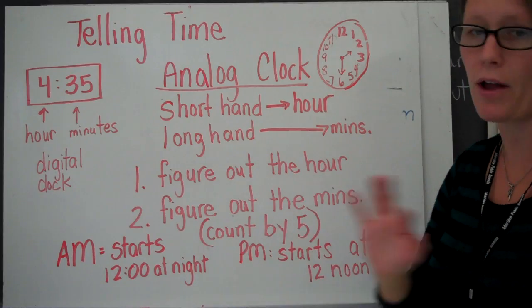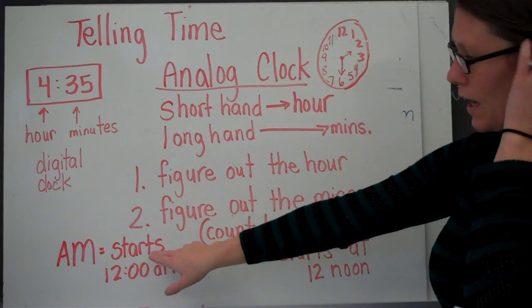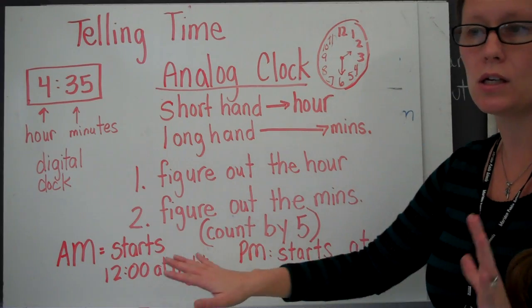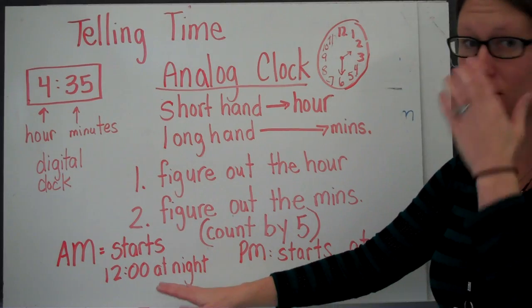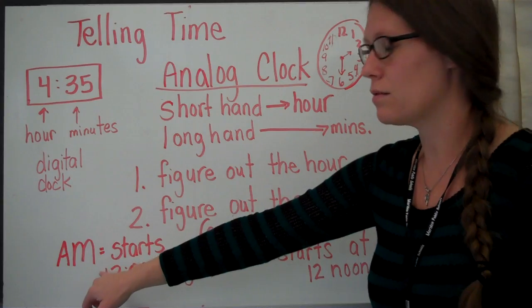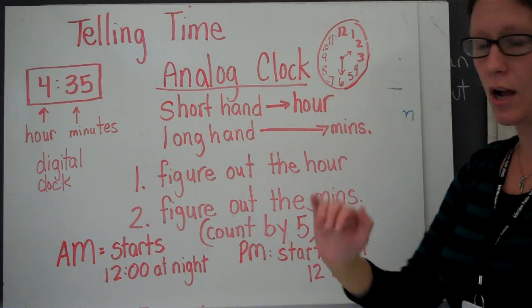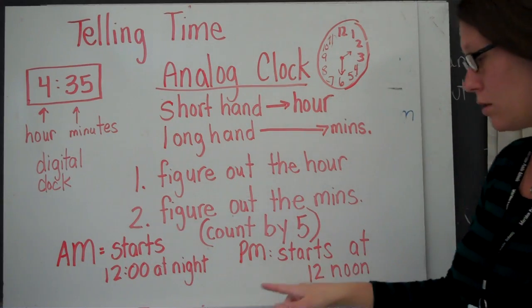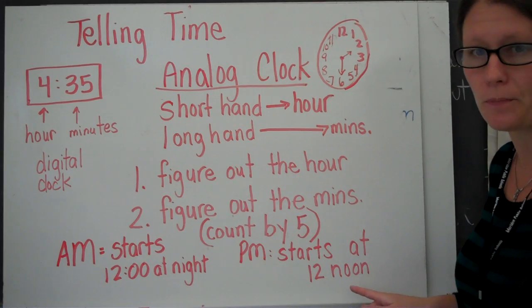Before we do that, let's talk about AM and PM. AM starts at 12 at night, so you're usually sleeping at that time, I would hope. And it goes until lunchtime, where PM starts at 12 noon.